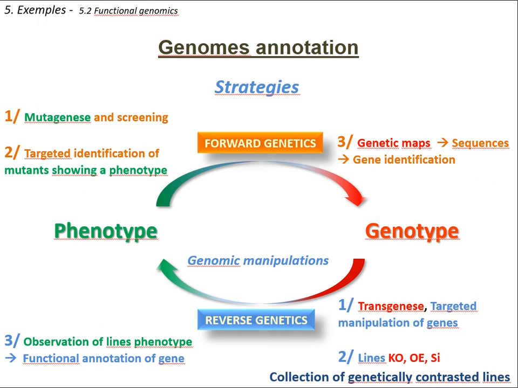They are knockout, overexpressor, silenced, and you have collections of genetically contrasted lines. And only after selecting one gene, you look for its phenotypes. And this will make the functional annotation of the gene. So it's completely the opposite way around as before, and it's much faster and much easier to analyze the function of the gene this way.